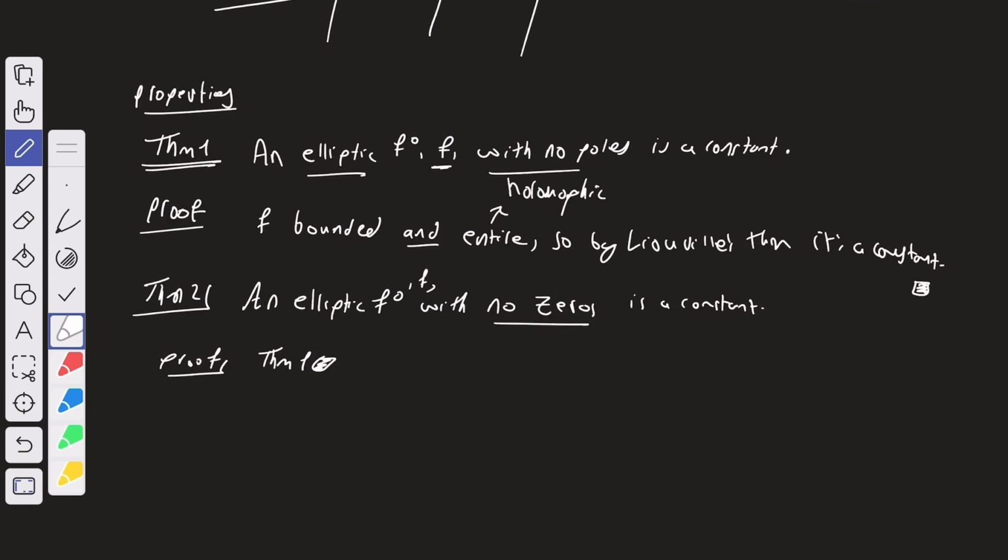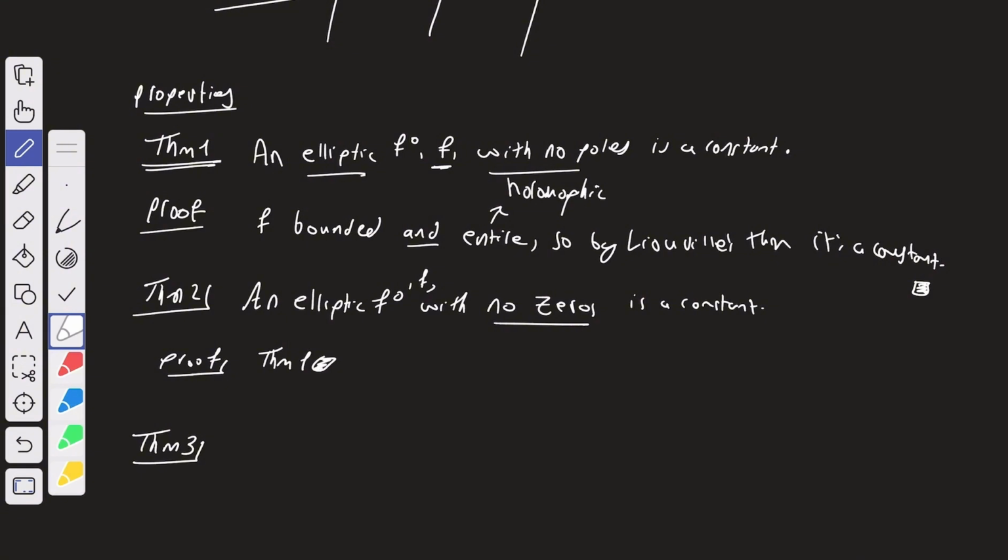Okay, so there are further properties that we're going to need, and this is theorem 3. Theorem 3 is going to have a nice corollary, which is a nice property about elliptic functions, and this is in fact the last property that we need of an elliptic function.